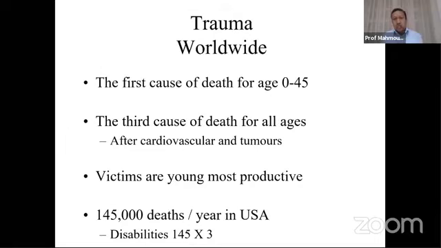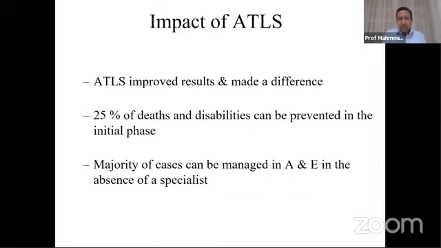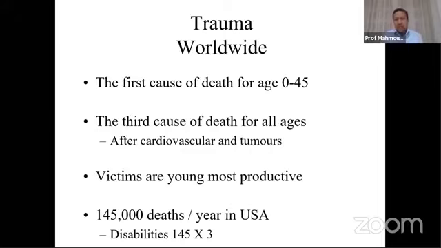The trauma worldwide is the first cause of death for age 0 to 45, and it is the third cause of death for all ages after cardiovascular diseases and tumors. In Egypt, the story is different, unfortunately, because in Egypt, the first cause of death for all ages is trauma. So we have a high incidence of trauma patients here on road accidents.